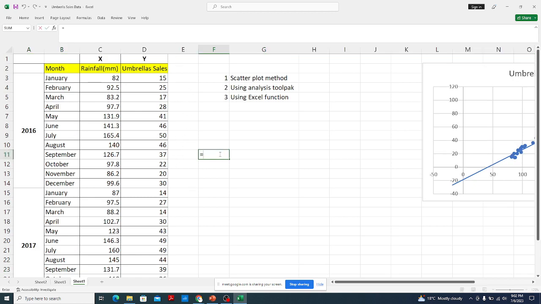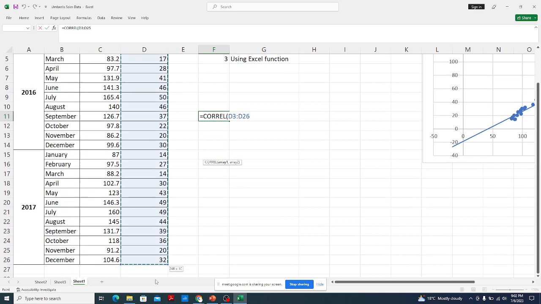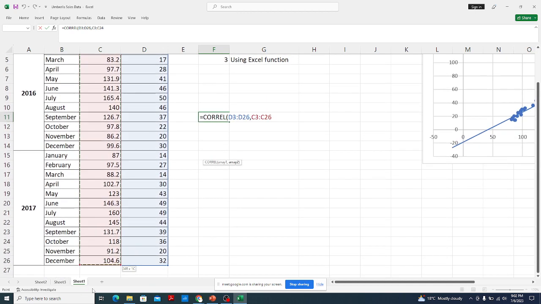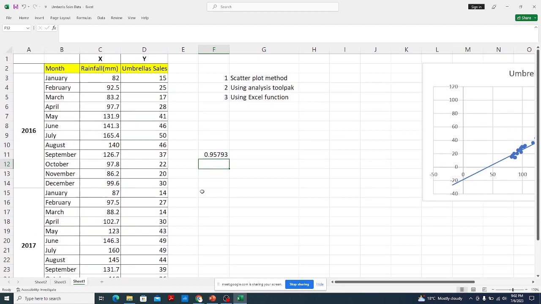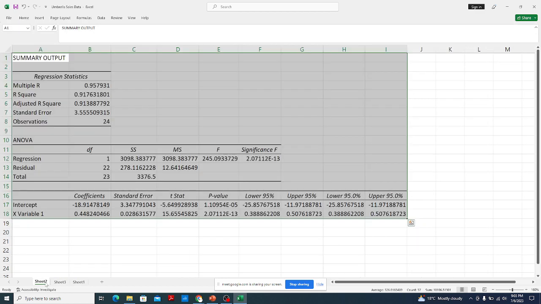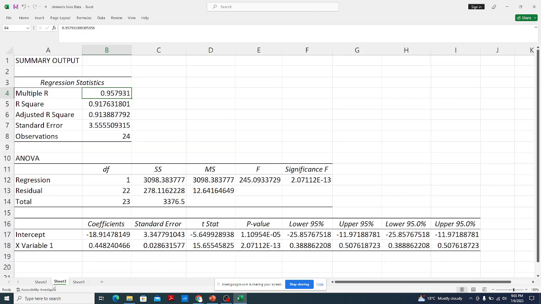Remember when we used the formula CORREL of the first array and the second array, we got this value, 0.95793. And you can see in our output, it is the same value which we are getting.